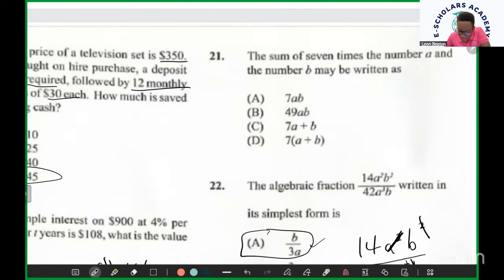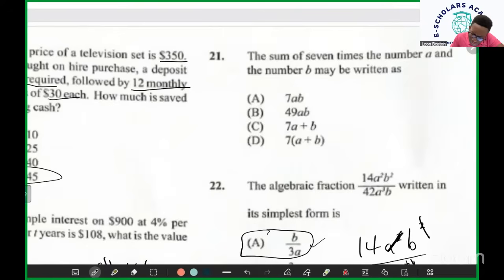So CSEC got me, for those of you that were here yesterday. They got with y'all, they got with me. The sum of 7 times the number A and the number B may be written as... Listen to it.